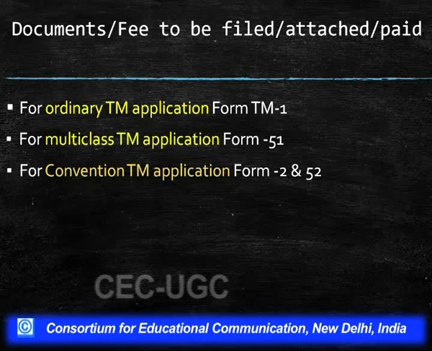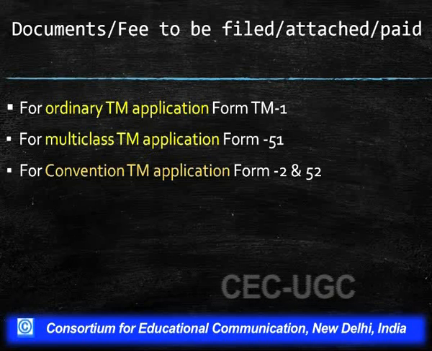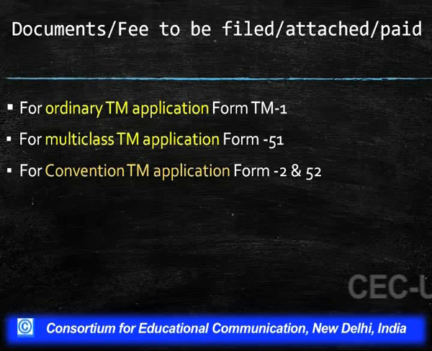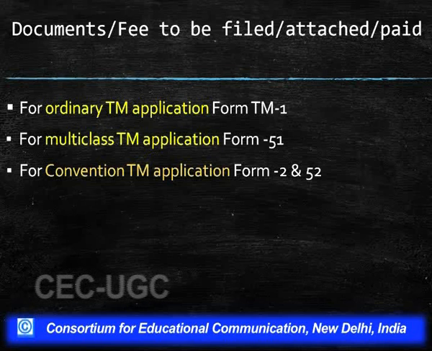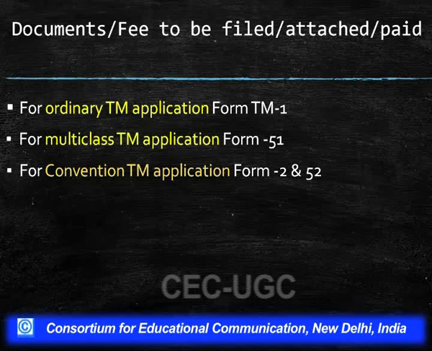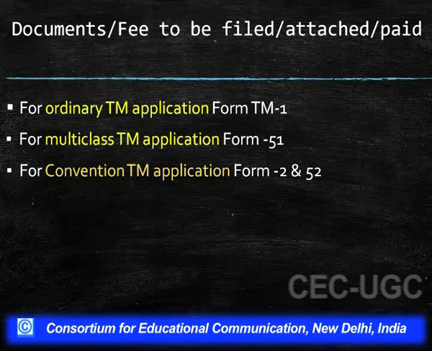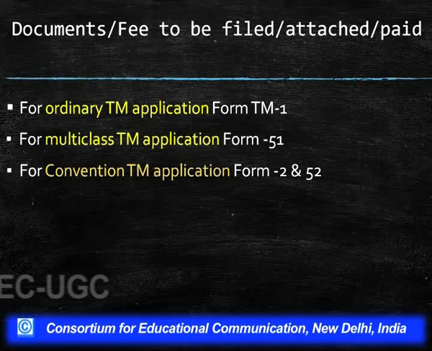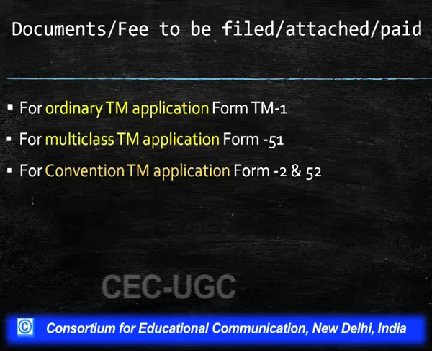He is not required to come in person for getting that done, but he just files the convention trademark application where he mentions the name of India as one of the nations where he desires to get the trademark registration done. This is what the Madrid Protocol facilitates. This is what the convention application facilitates.